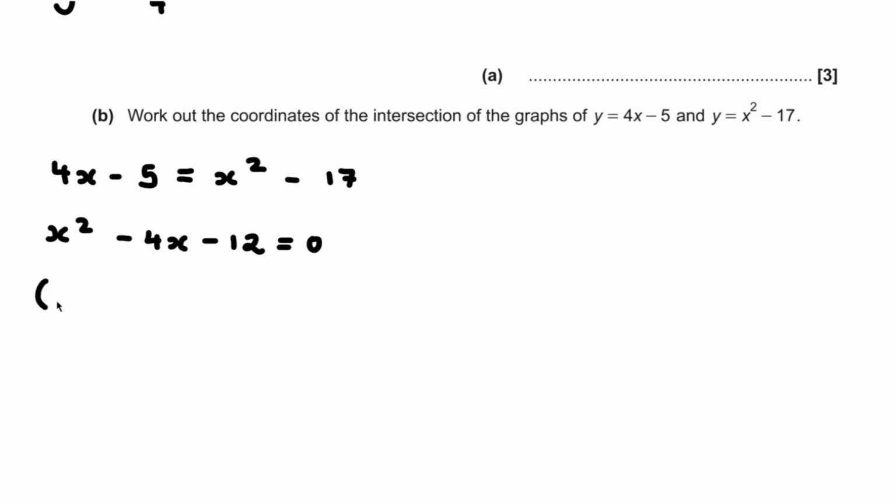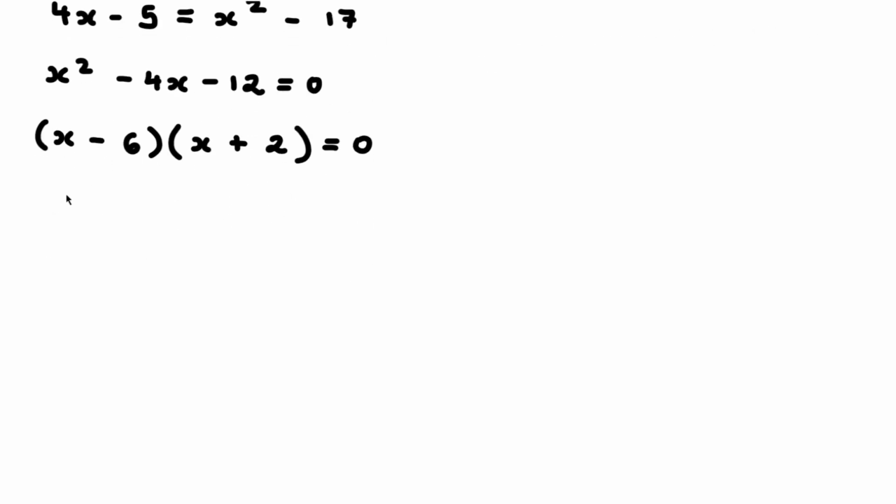And if I factorize, I have x minus 6 multiplied by x plus 2 equals 0. So if x minus 6 is equal to 0, that means x is equal to 6. And if x plus 2 is equal to 0, that means x is minus 2.